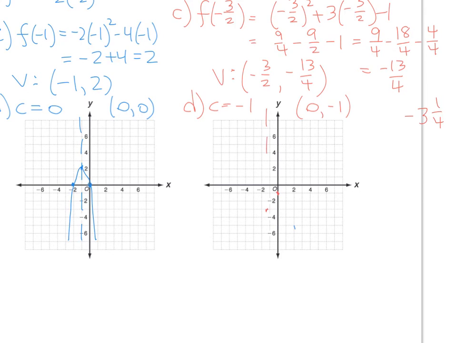There's your axis of symmetry going through that. And I need a point over here. Approximately. And that's the end of day 1.